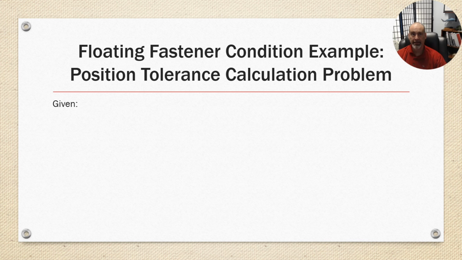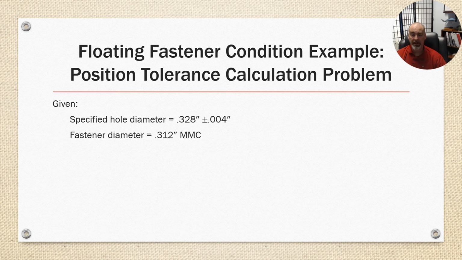If we were given a specified hole diameter of 328 thousandths of an inch with a tolerance of plus or minus 4 thousandths on that hole, and your fastener diameter is 312 thousandths at maximum material condition, your solution is T equals H minus F. H is 324 thousandths, which is 328 minus the 4 thousandths, giving you maximum material condition, and then you subtract the size of the fastener.